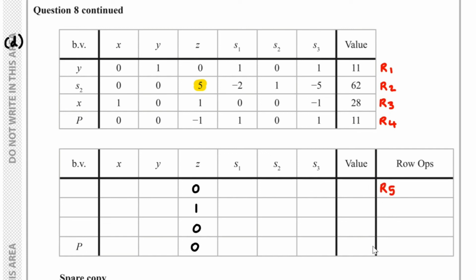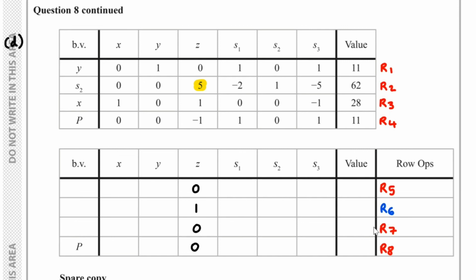Here, I would have row 6. Here, I have row 7. And here, I've got row 8. Now, the idea here is, once we have found out what row 6 is, we can determine what row 5, row 7, and row 8 are by adding and subtracting multiples of row 6.